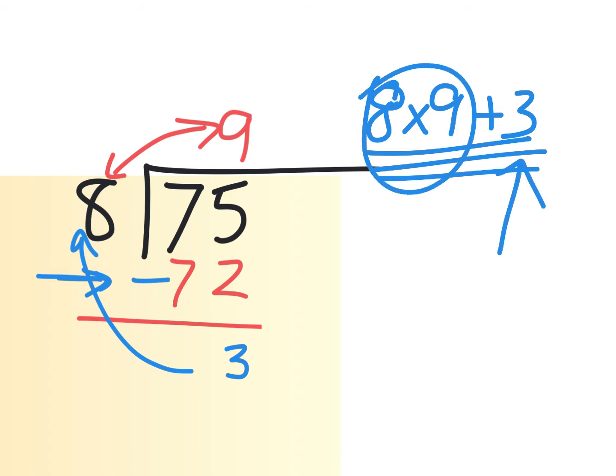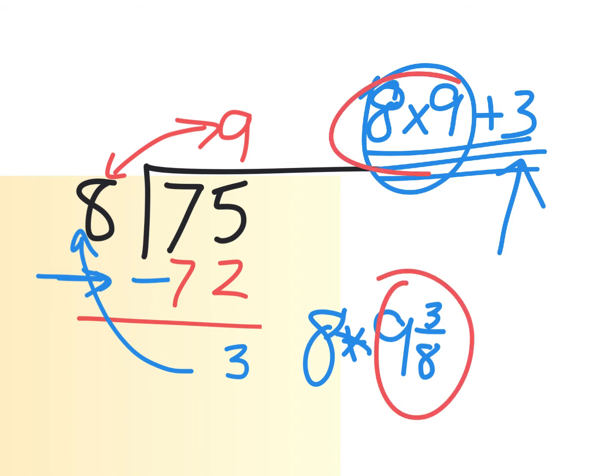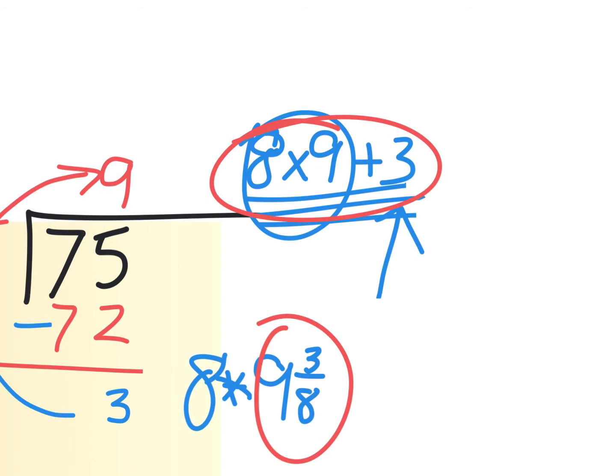Or it could have been 8 times 9 3/8. Does that make sense? Okay, there's 2 ways you can do it. This way or this way. And for our purposes today, we're going to use this way where you add the remainder in at the end.